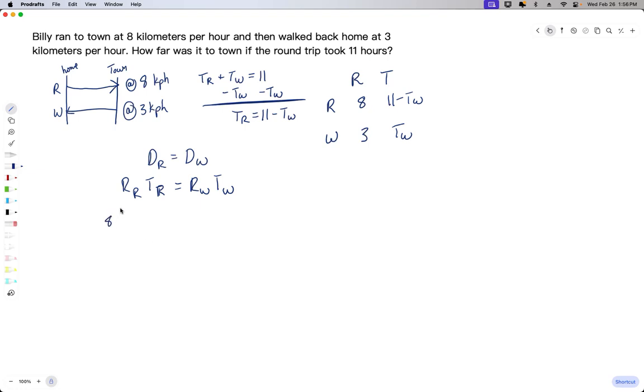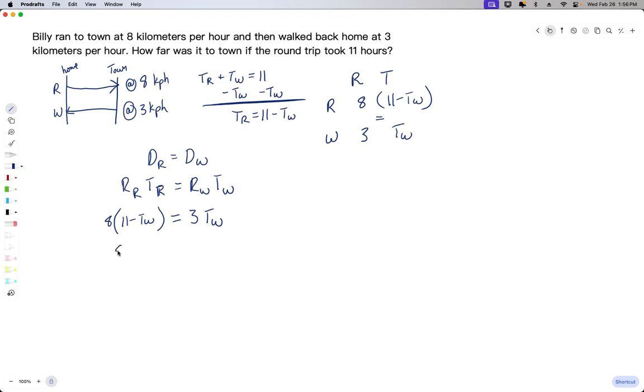So 8 times 11 minus TW is equal to 3 times TW. And if you look, you can see 8 times this is equal to 3 times this, right? It almost looks set up for you. We just have to put it on either side of the equation.